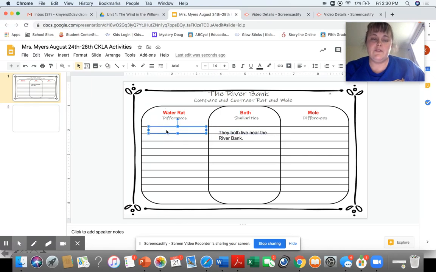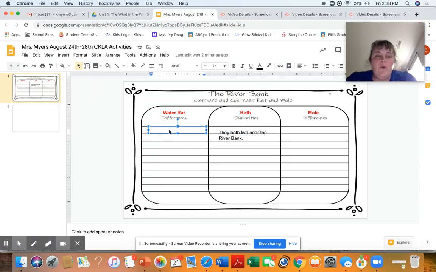So when we go over here to differences, well, one difference might be that the water rat lives above the ground, and he's used to life above the ground. Let me go back. The water rat lives above the ground.